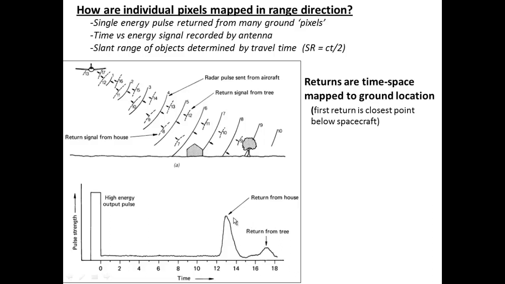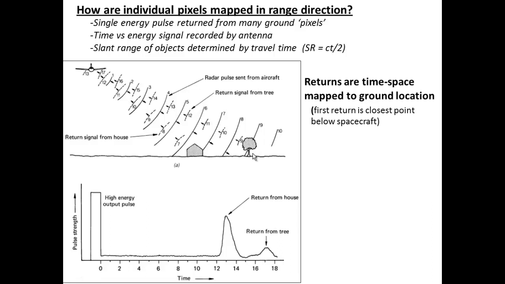Because this return reflects a shorter slant range distance, and this is a longer slant range distance away from the aircraft, the basic image processing then maps this return to a land surface pixel that is closer to the aircraft. So in other words, this return came from the house, which is closer. This one came from the tree, which is further away.